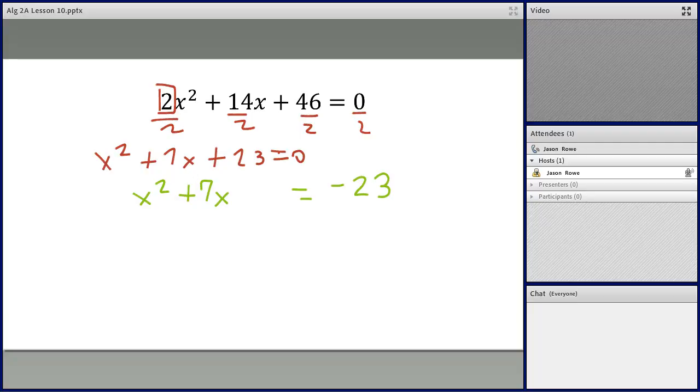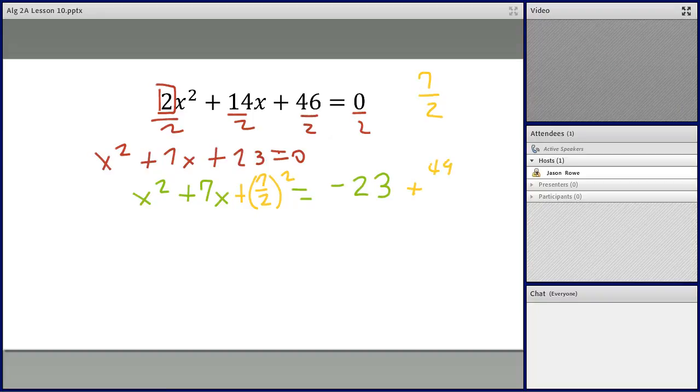Okay, so now we're going to take b, which in this case is 7, divided by 2. Well, I can't divide that evenly, so I'm going to leave it as 7 over 2. So we're going to add 7 over 2 squared. Over here, I'm going to go ahead and square it out.